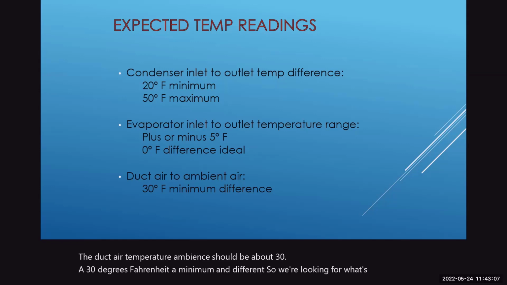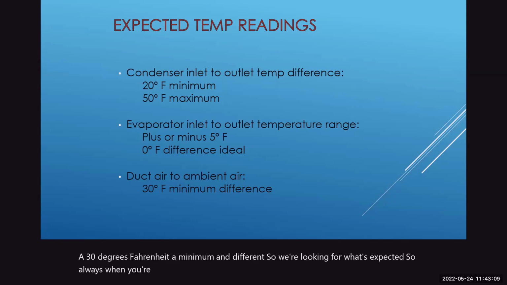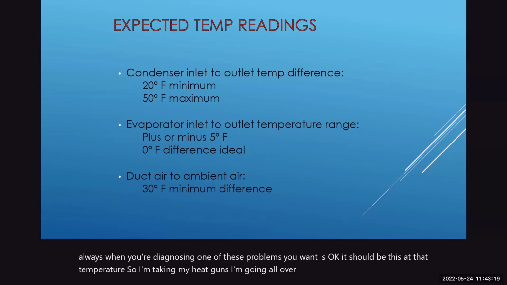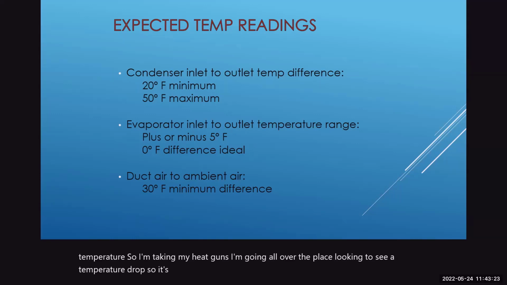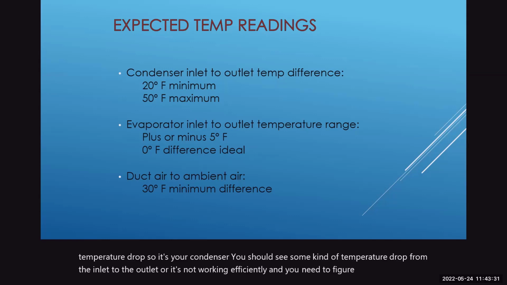So always when you're diagnosing one of these problems, you want to say, okay, it should be this at that temperature. So I'm taking my heat guns, I'm going all over the place looking to see a temperature drop. On your condenser, you should see some kind of temperature drop from the inlet to the outlet, or it's not working efficiently and you need to figure out what's going on.